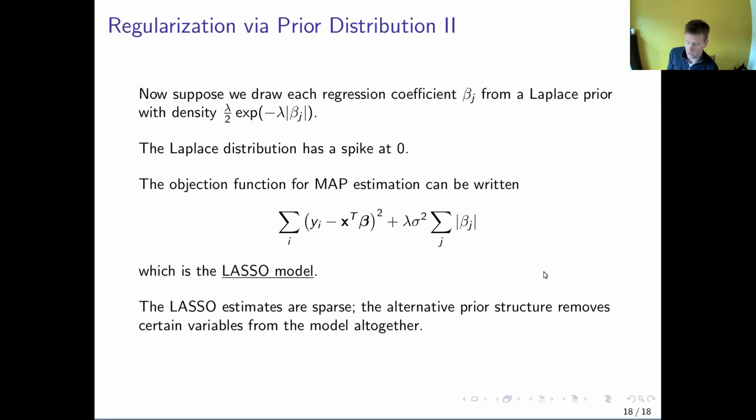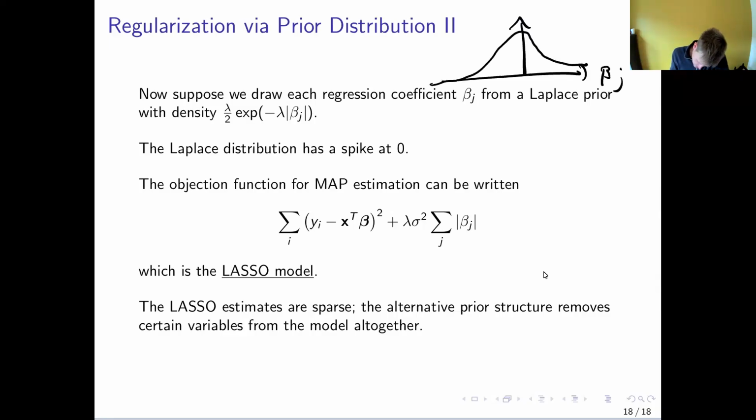Continuing on that same theme, you might think that the normal distribution is not as aggressive as it could be for the shape of the prior distribution on individual regression coefficients. All right, so a normal distribution is going to look something like this. There's an alternative prior structure that you can put on regression coefficients called a Laplace distribution, or double exponential, which looks like this.